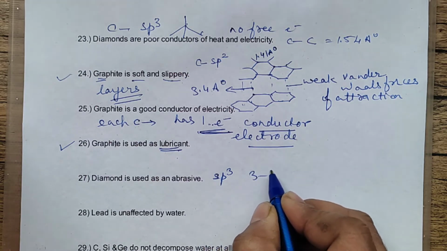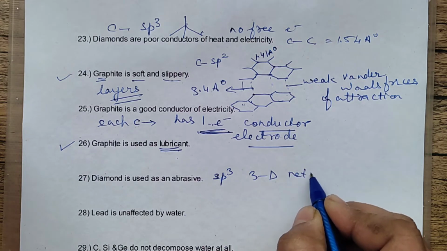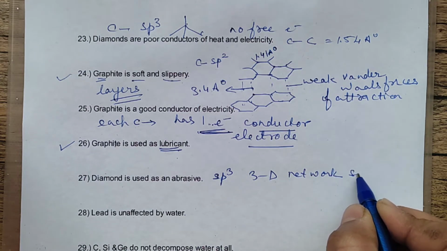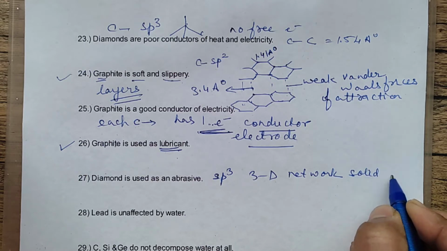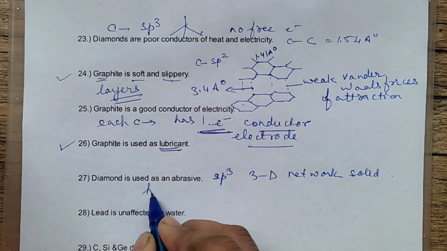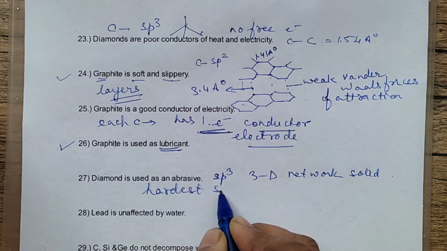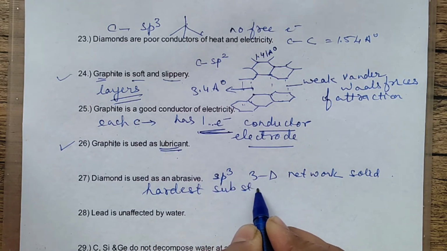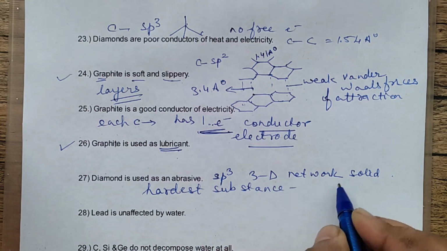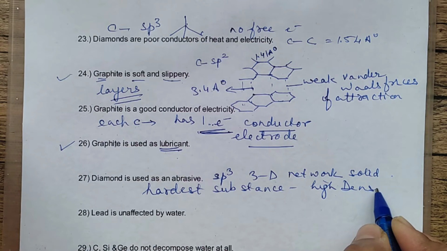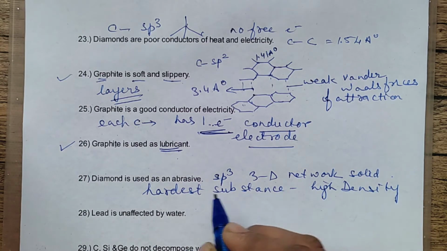It forms a 3D network like structure, or you can say diamond is a 3D network solid, due to which it is the hardest substance known. Therefore we say it has high density, it has a high melting point. Because it is hard, it is used as an abrasive.